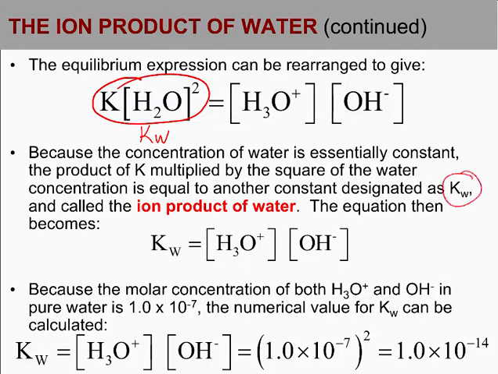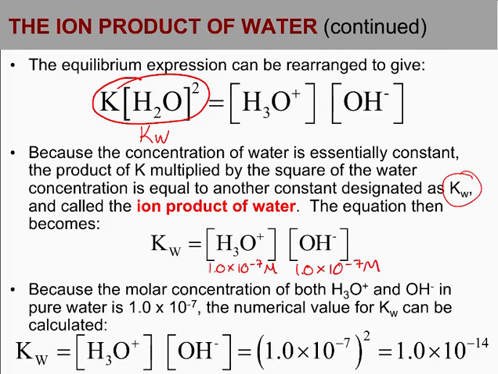So Kw is called the ion product of water. So Kw, or the ion product of water, is equal to the concentration of hydronium ions multiplied by the concentration of hydroxide ions. Now remember earlier we said that those concentrations were 1 times 10 to the negative 7th moles per liter for both. So if we multiply those together, we can get the ion product of water value.